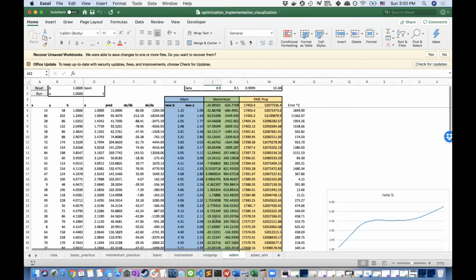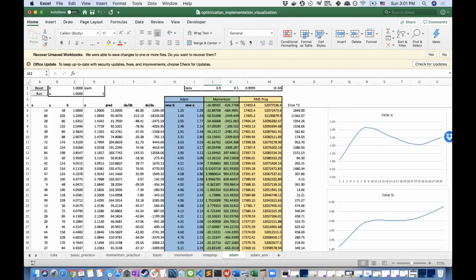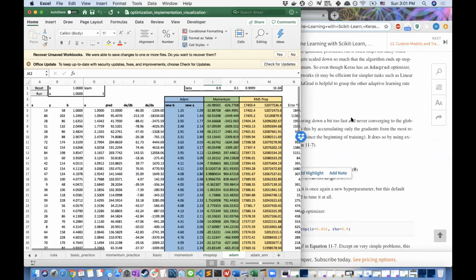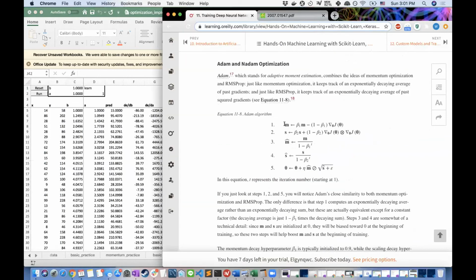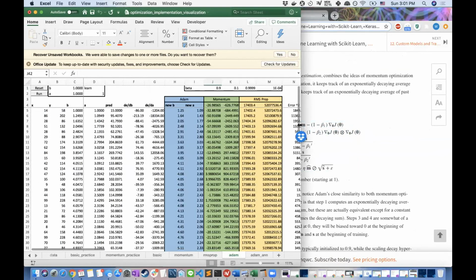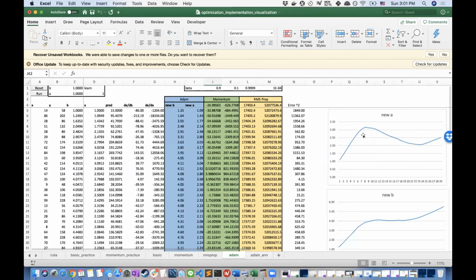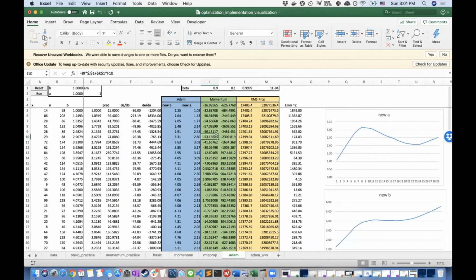Adam. And we know it's a combination of momentum and RMSprop from the equation that we got here, right? Again, he didn't implement these two technical steps in Excel, probably because it's a very simple linear regression.